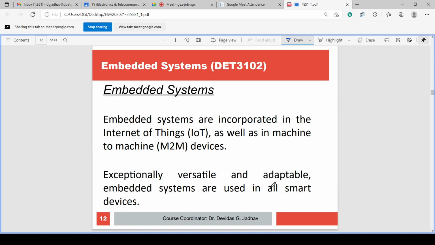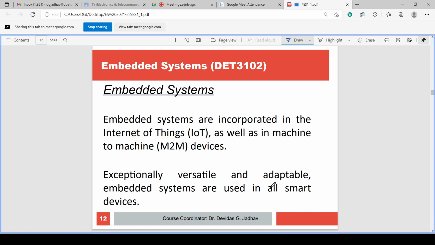So Internet of Things as well as machine to machine M2M devices incorporate embedded systems.